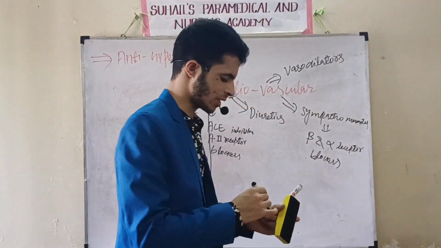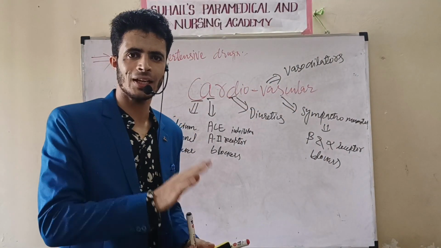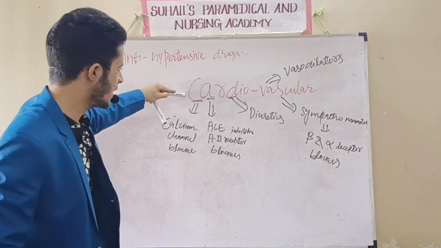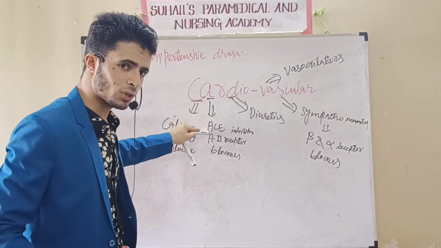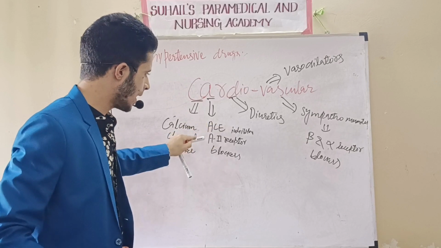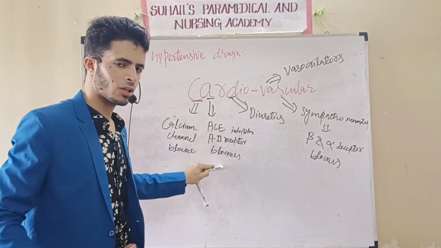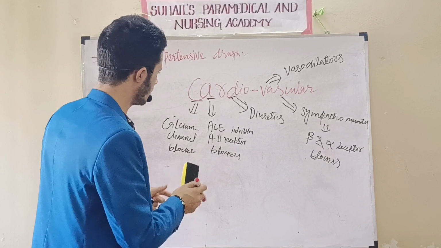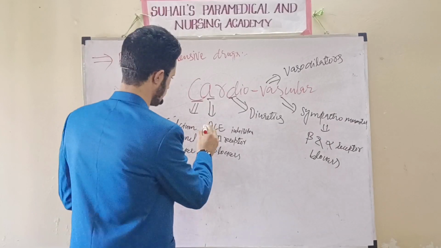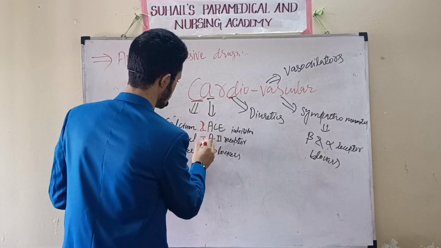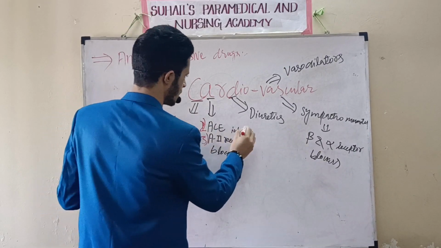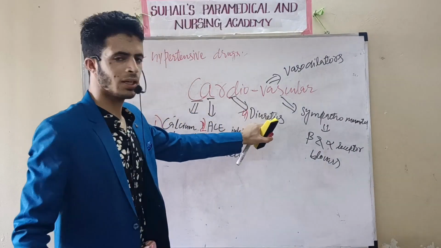So this is the classification. After that I will tell the drugs which are coming in it. At least you remember this. One is C, calcium channel blockers. Another is A, ACE inhibitors, angiotensin converting enzyme inhibitors, and angiotensin second receptor blockers. These are the two. Remember. Fourth will be the diuretics.